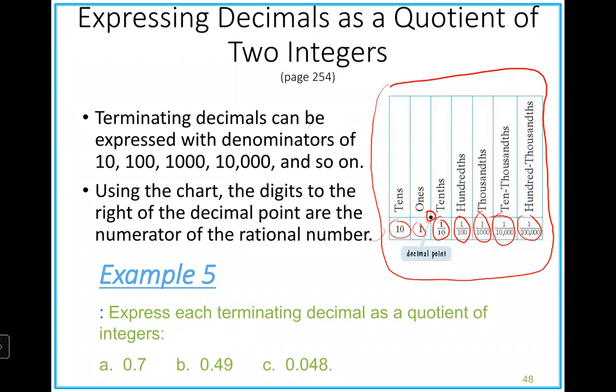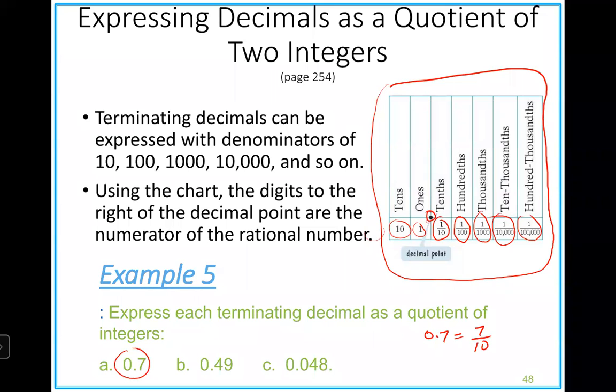So if you have this number, for example, 0.7, how many digits are after the point? One digit after the point. So that first digit after the point is the tenths place. So you could write 0.7 equals 7 over 10, because that 7 is in the tenths place.